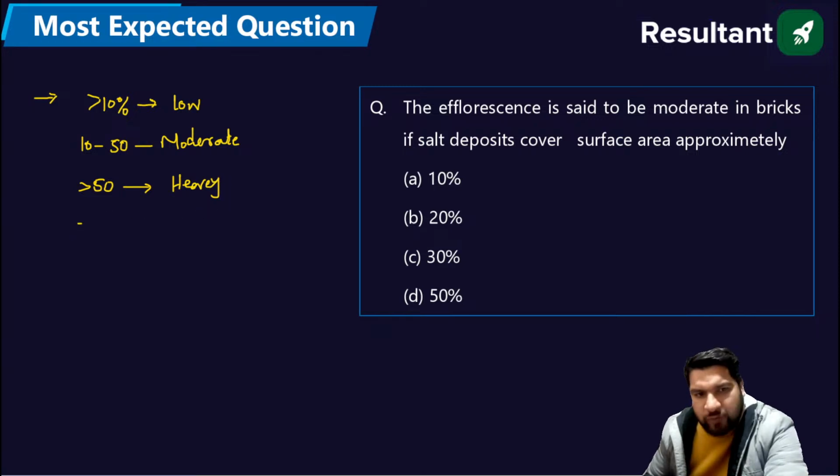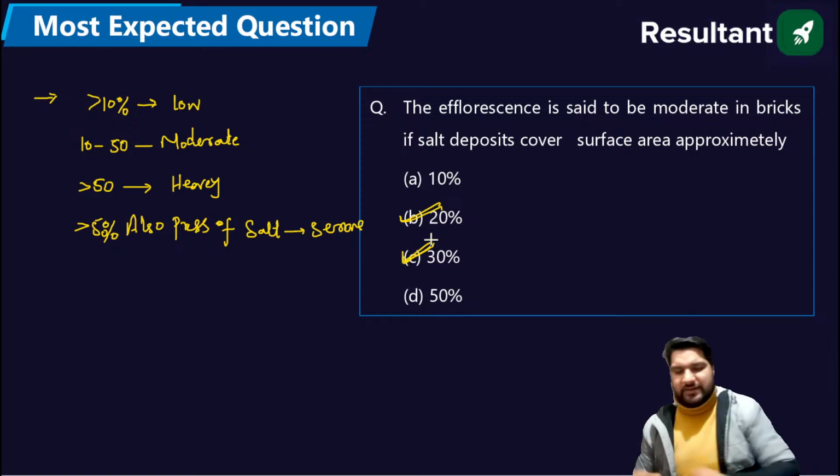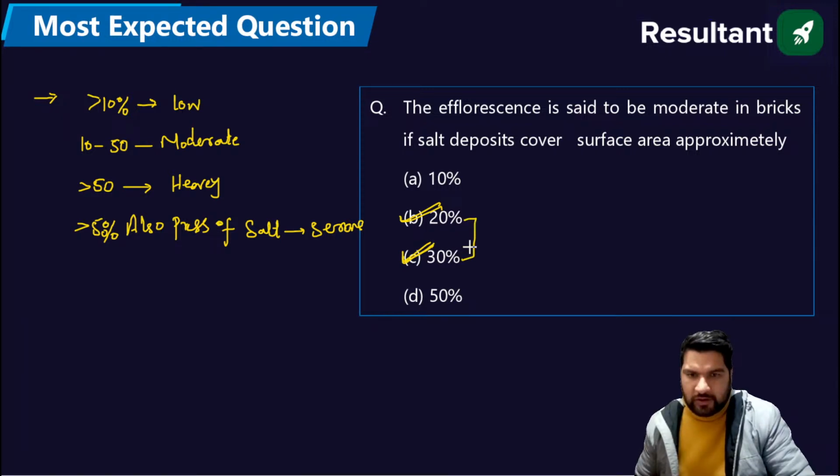And if it is 50% and also the presence of salt, that is the serious case. So this will be the serious efflorescence. Guys, the answer is both B and C, 20 and 30. Both are the answer. Next.